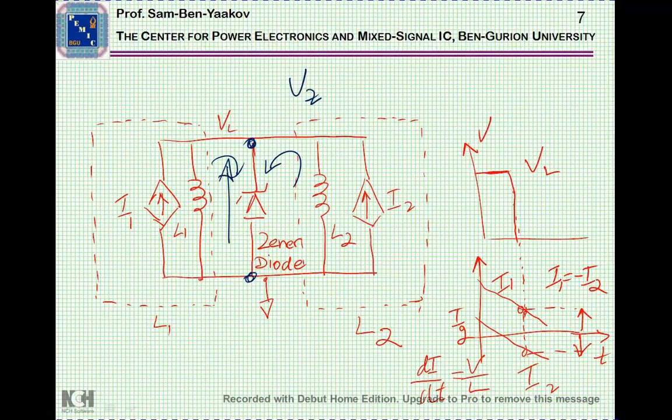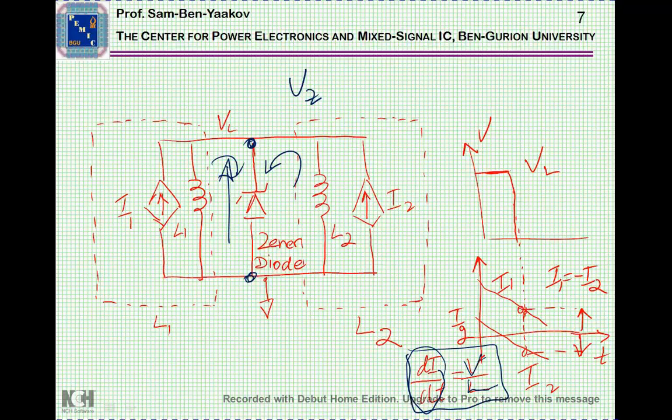Now, what will happen with the currents of the inductors? Well, the equation that controls the behavior is this equation, which is basically a representation of the state space equation, which says that the rate of change of the current is V over L, voltage over inductance.